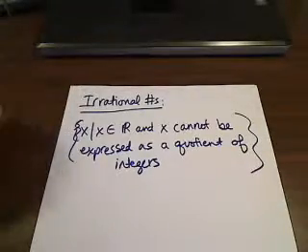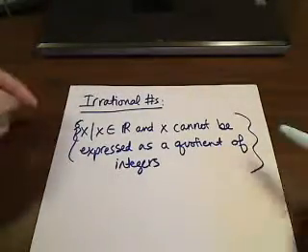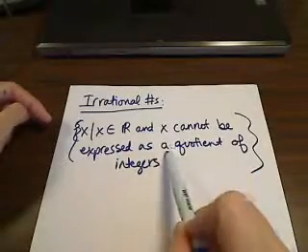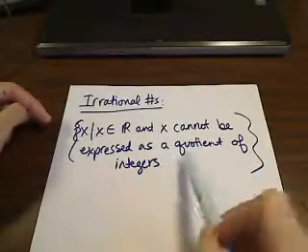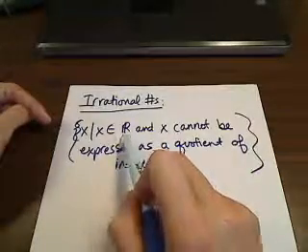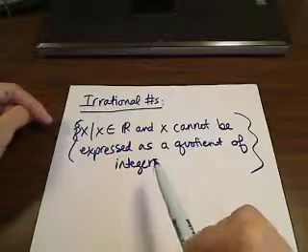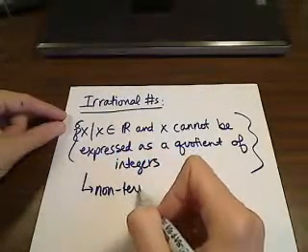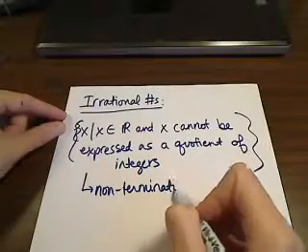Okay. Now, technically, that's probably not going to make a lot of sense to you, but this x cannot be expressed as a quotient of integers. This quotient of integers thing, that's a rational number, right? So this is basically saying if it's a part of the real number system, but it's not a rational, then it's an irrational. And this tends to be our non-terminating, non-repeating decimals.